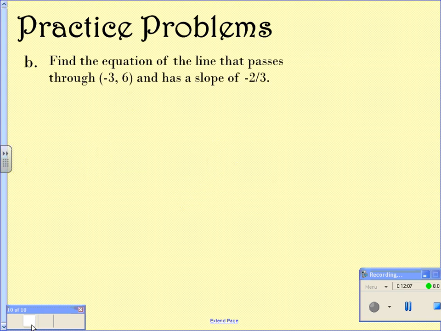Okay. See if you can do this one, where it gives you that it passes through negative 3, 6, and it has a slope of negative 2/3.